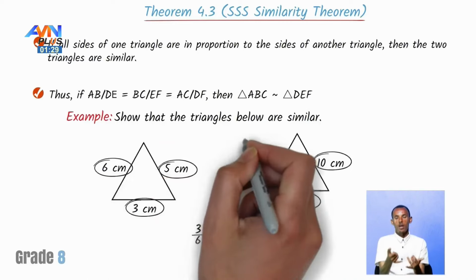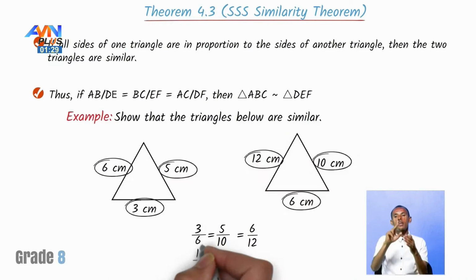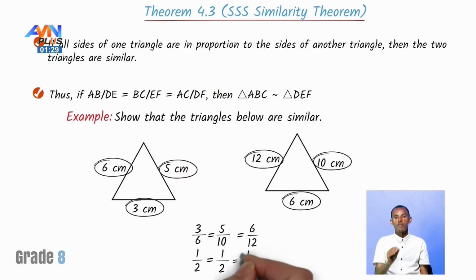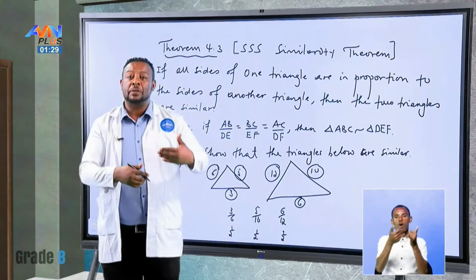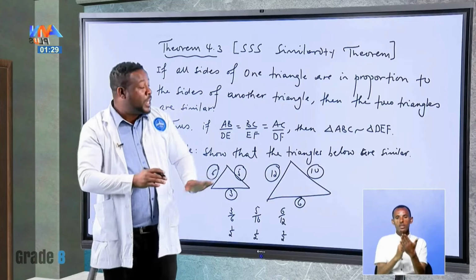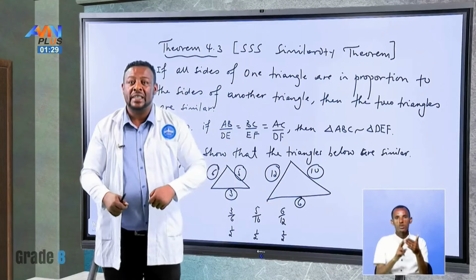Now, to be able to compare these three fractions, you need to convert these numbers to their simplified form. So the simplified form of 3 over 6 is 1 over 2, and this is 1 over 2. This is also 1 over 2, okay? We have seen how fractions can be simplified in our lesson in the first unit. So clearly, all these ratios are the same.